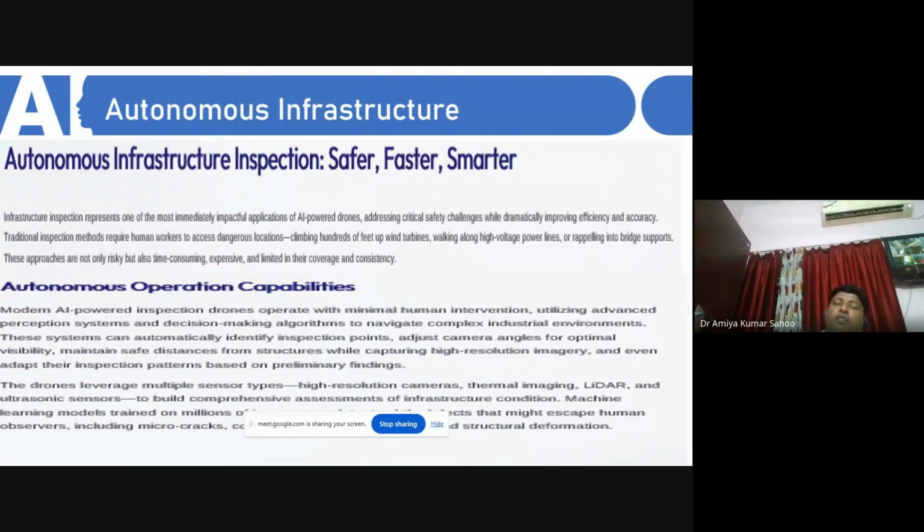One application is autonomous infrastructure inspection, which is safer, faster, and smarter. It is only possible with Gen AI. In the case of AI, we also find this, but it is even safer, faster, and smarter.